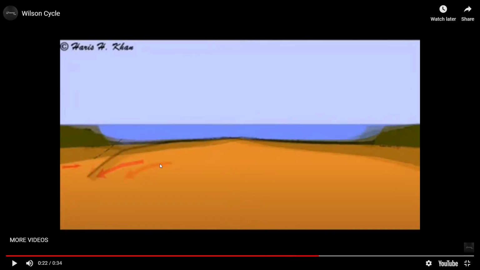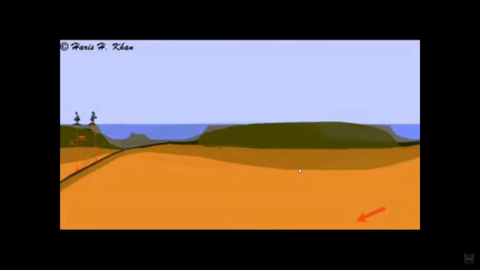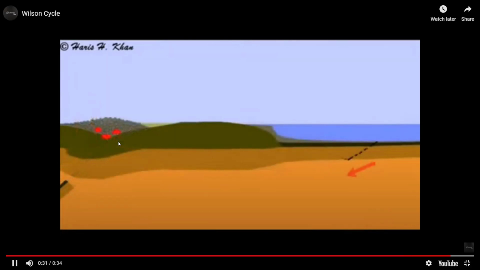And this will continue until you can see that those mantle convection currents have changed. And now instead of diverging, we have converging here. And we have the closing of that ocean basin and the creation of that same, well, in this case, it's the same two chunks of crust.